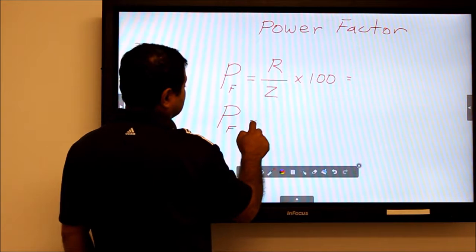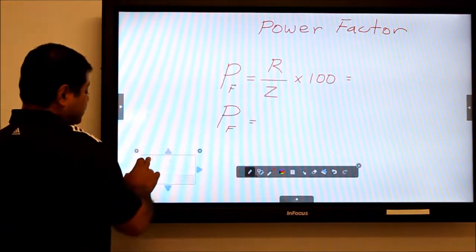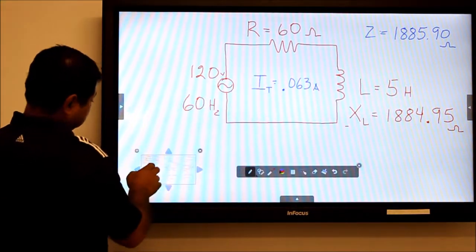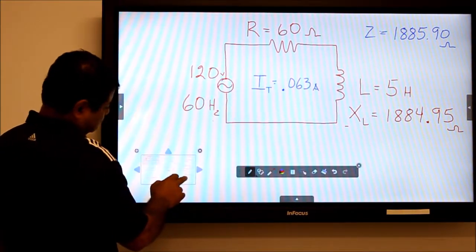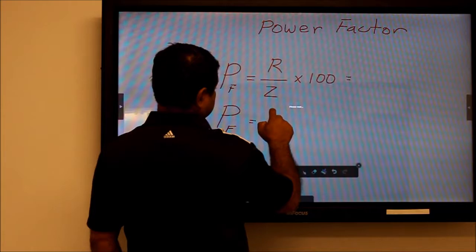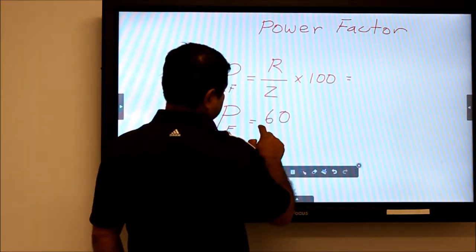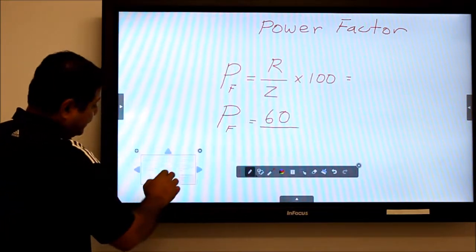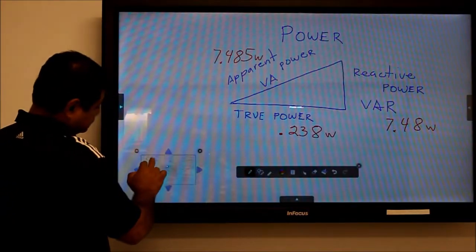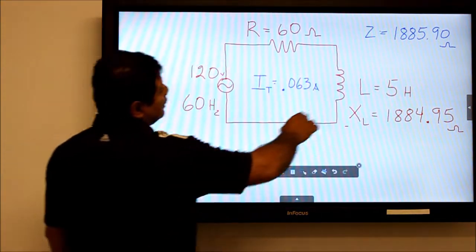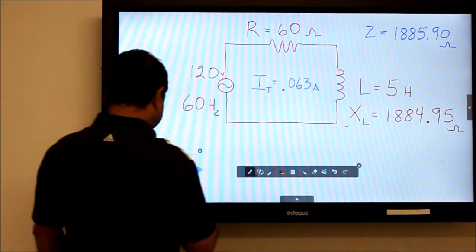So let's do that. If you get the resistance for the resistor, let's go back, it's 60 ohms. And the impedance is 1885.90.